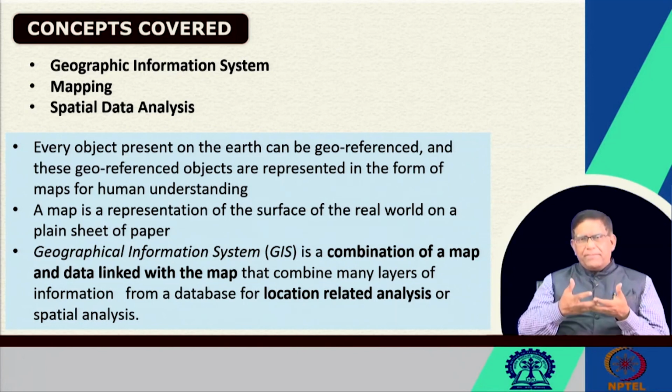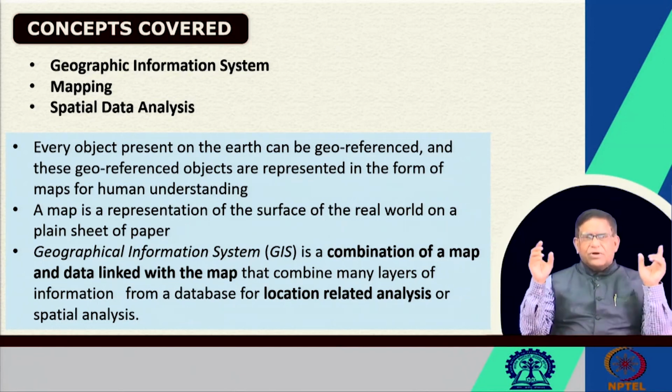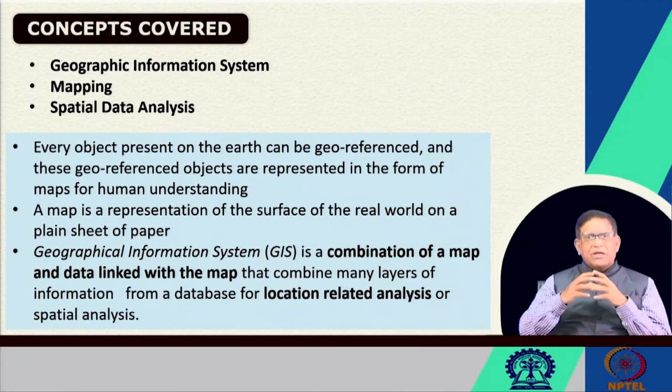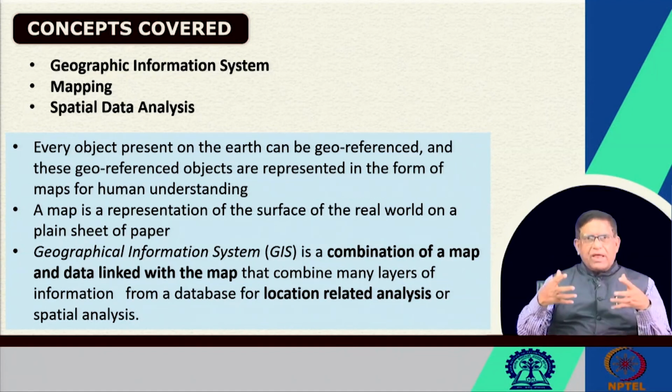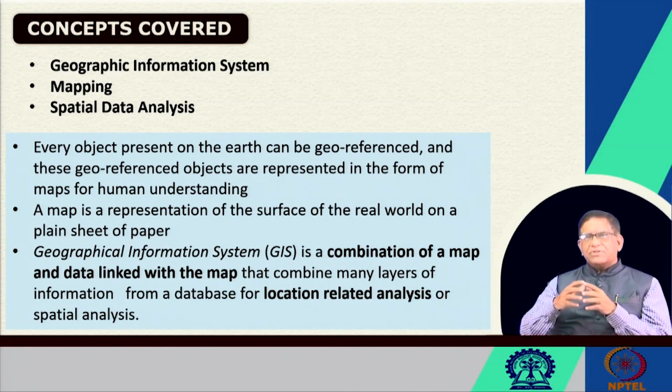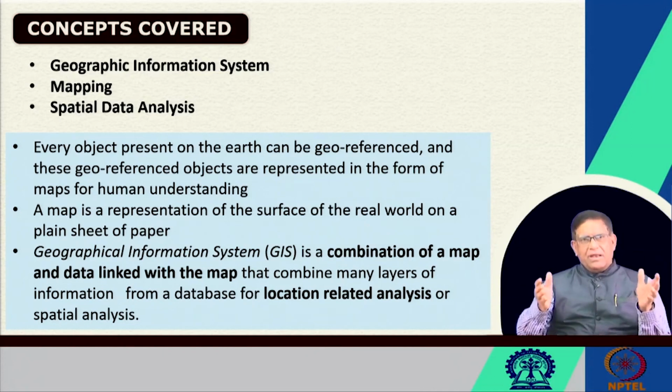On a map you can see whether Guwahati is on the northern bank or southern bank of the river Brahmaputra, or what the distance is between the river Ganges and the river Brahmaputra, where the sources are, how they are distributed. This type of query you can make on a map, because a map is a representation of the surface of the real world on a plain sheet of paper, as you have seen in the Atlas.